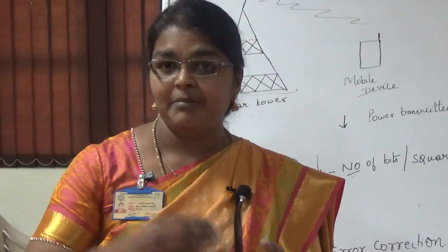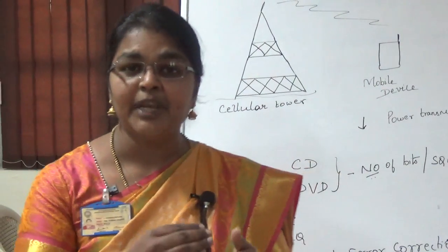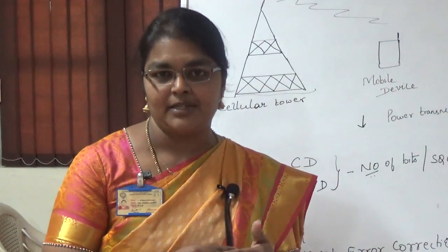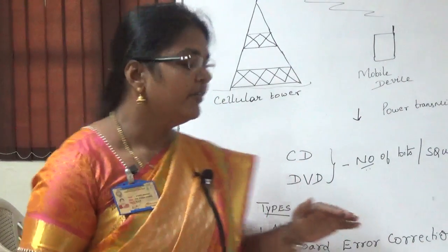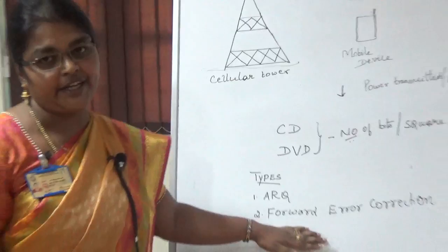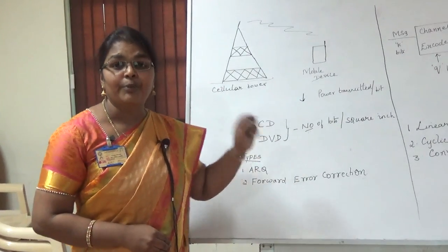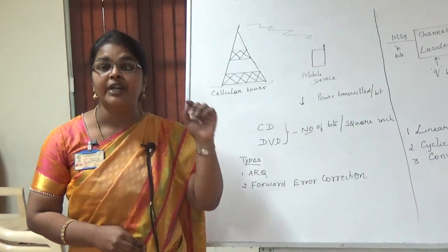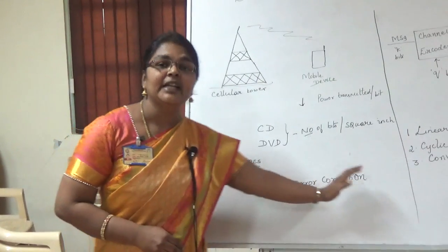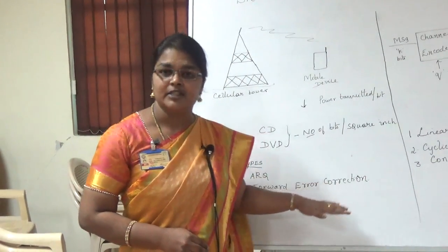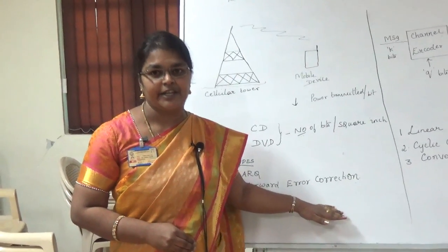Once the same message is retransmitted, it will be compared. On comparison, the errors will be detected and corrected. Whereas in forward error correction, we provide a mechanism to detect the error and correct the error while transmitting the data itself. Hence, it is called forward error correction.